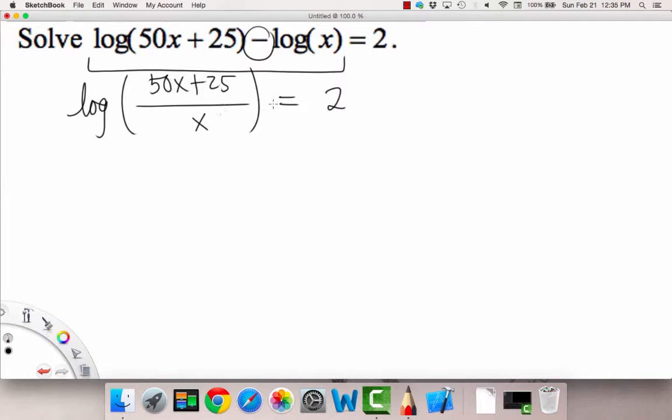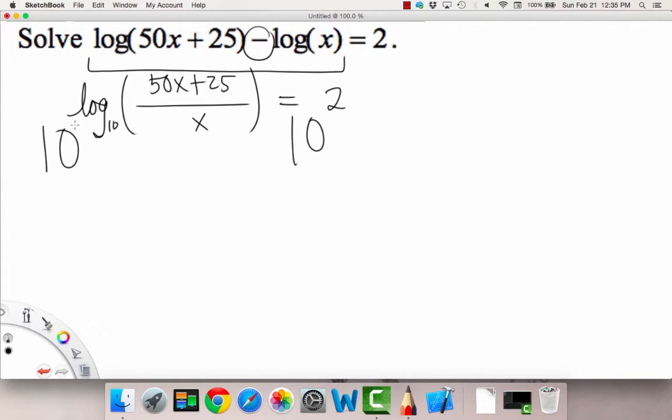We just reformatted the left side. And here, because we don't see an explicit base written, it's implied that we're using the common log, which is base 10, right? So in order to get rid of this log entirely, what we can do now is exponentiate. The act that we're doing right now is called exponentiating both sides by base 10.